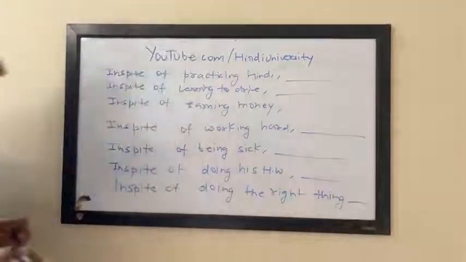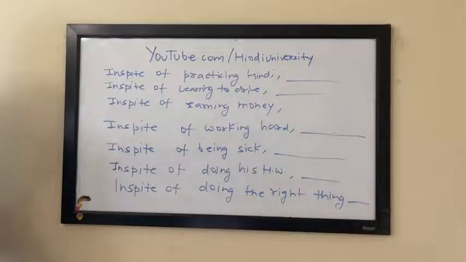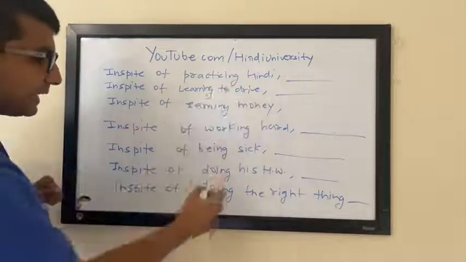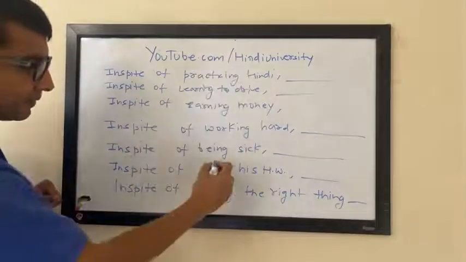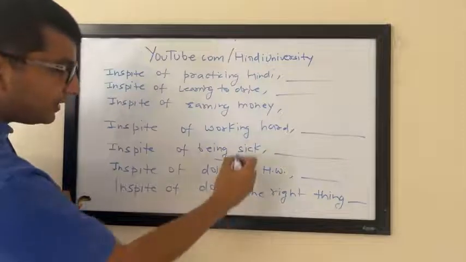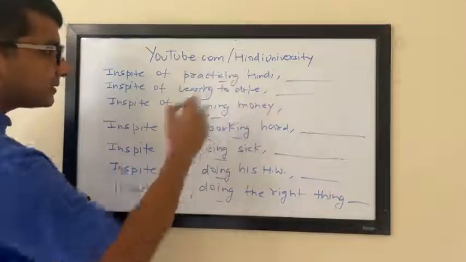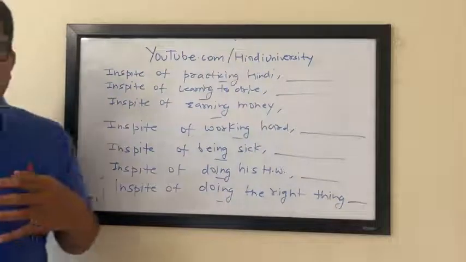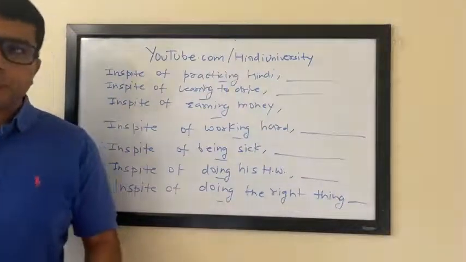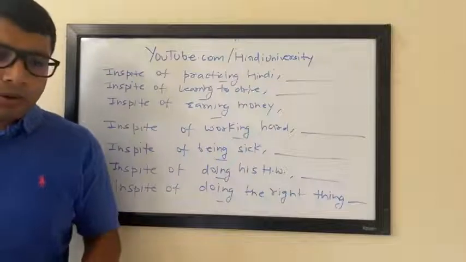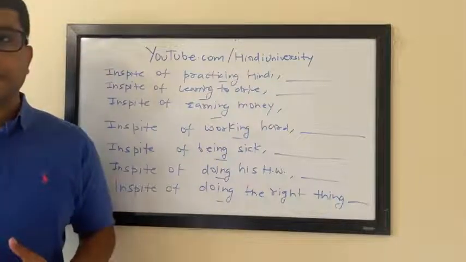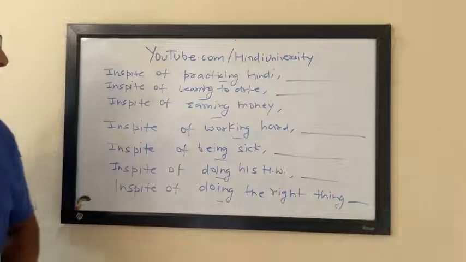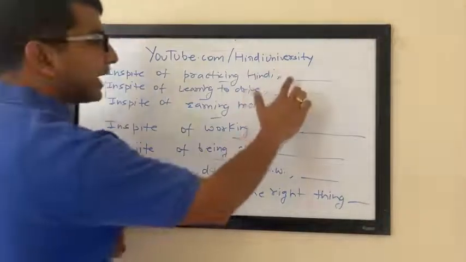So you see, in all of them, in the majority of the cases, you have the verb that is ending with ing. Whether it is being, doing, working, earning, learning, practicing. So, when you have sentences like these, you use the oblique form of the infinitive verb followed by par bhi. So, what is to practice in Hindi?